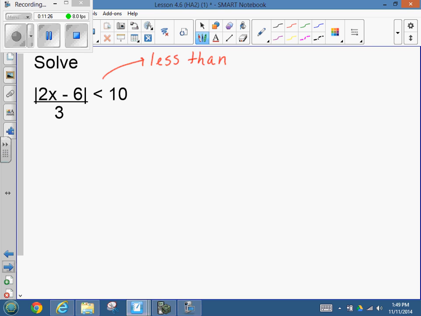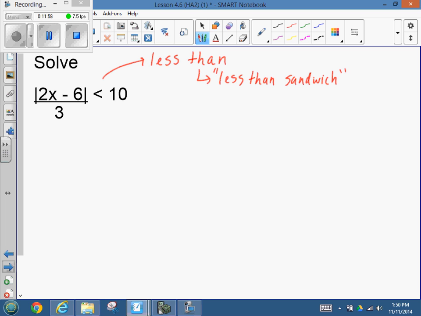When you see a less than symbol, you're going to create what I like to call the less than sandwich. With an inequality, you now have a lot more opportunity for several more numbers that are going to make this true. It's no longer going to be a two-solution problem. It's going to be a range of values that make this true.